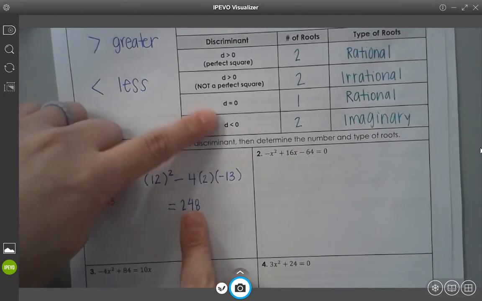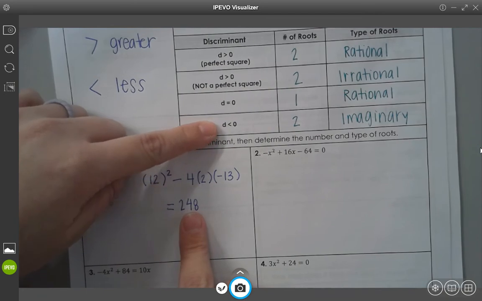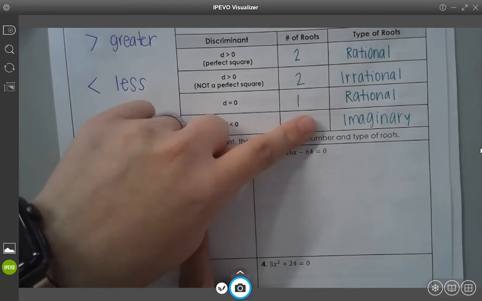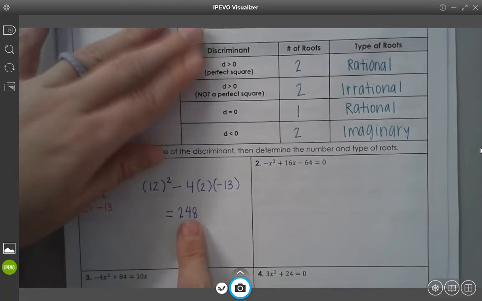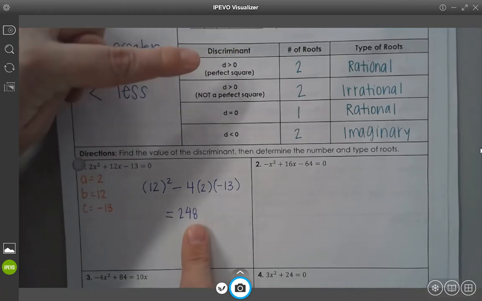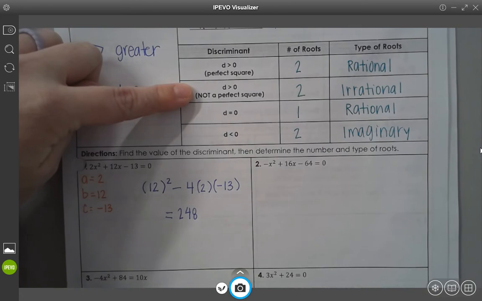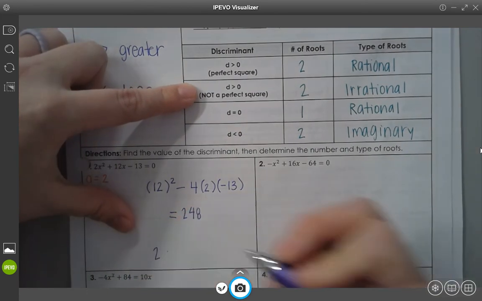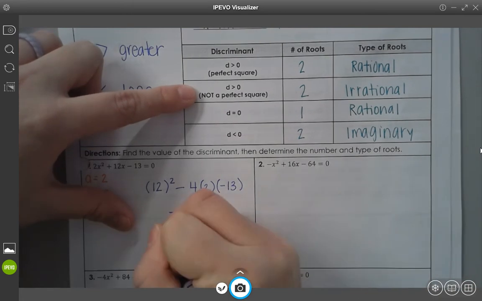Now, if I had gotten negative 248, it doesn't matter if it's a perfect square or not. Any number less than 0, any negative number is 2 imaginary. The positives are the only ones you have to check to see if it's a perfect square. So it's greater than 0, and it's not a perfect square. So it has 2 irrational solutions, or 2 irrational x-intercepts.